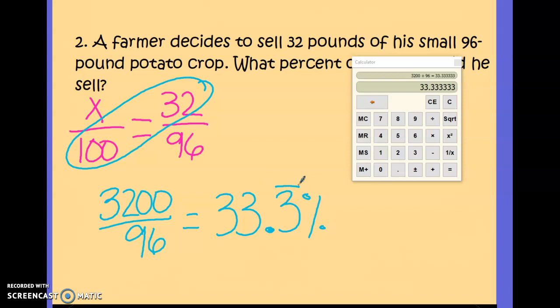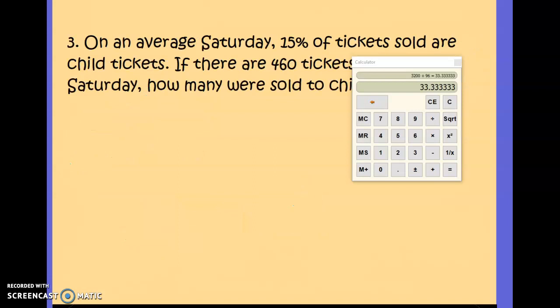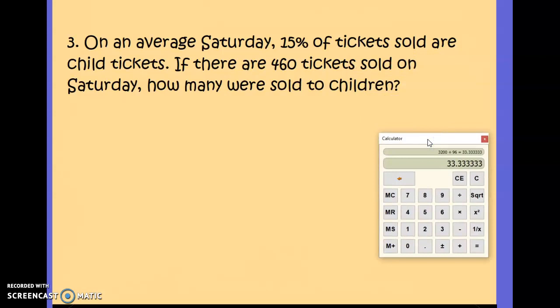Here's our next example. On an average Saturday, 50% of tickets sold are child tickets. If there are 460 tickets sold on Saturday, how many were sold to children? Again, let's remember our percent proportion: percent out of 100 equals our part over our whole.